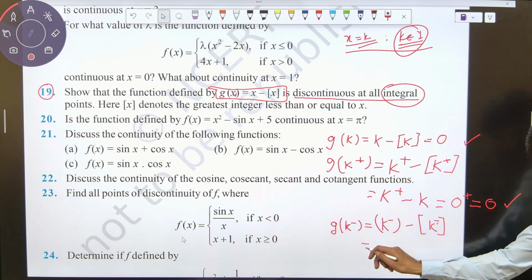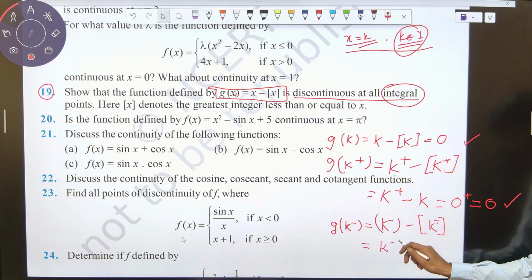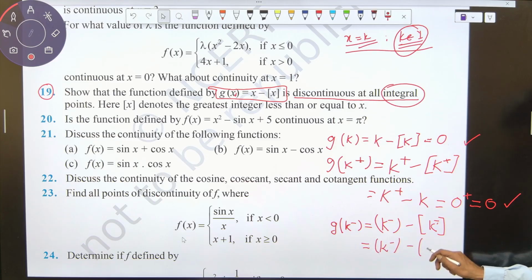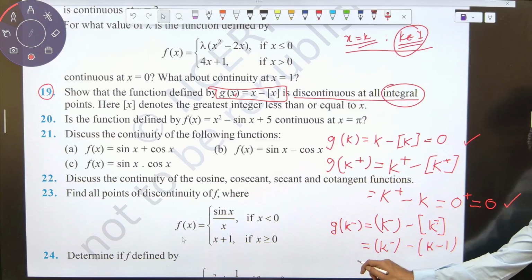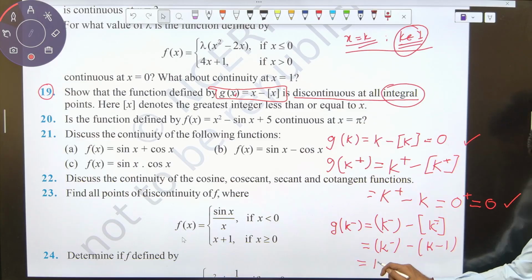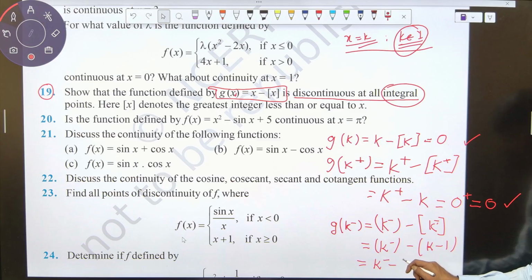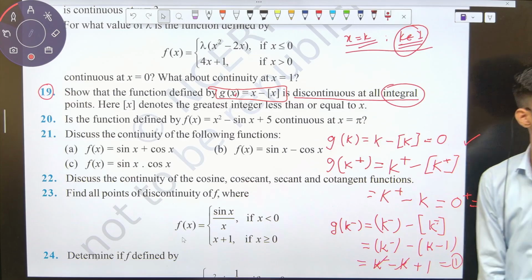And this will become k minus minus, this will be k minus 1, not k minus. And now when the minus goes inside, it will come k minus minus k plus 1. Both will get cancelled and you can write 1. Tell me, are all three equal? It will be discontinuous.